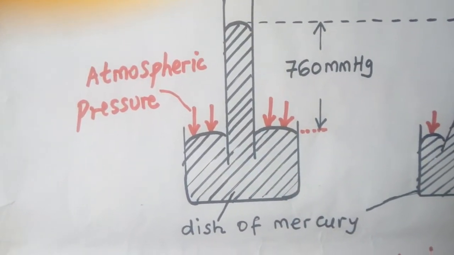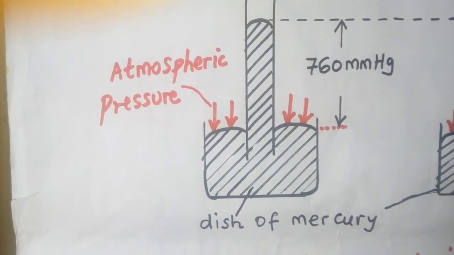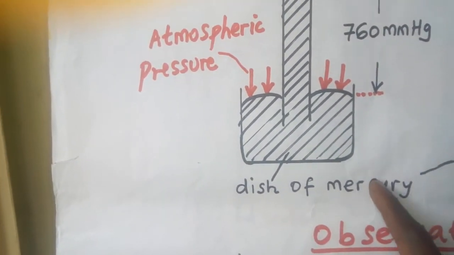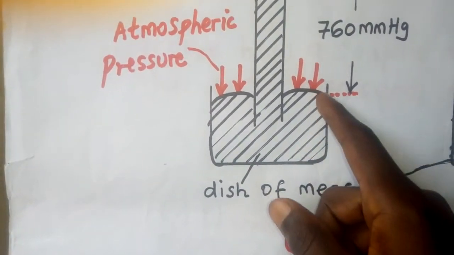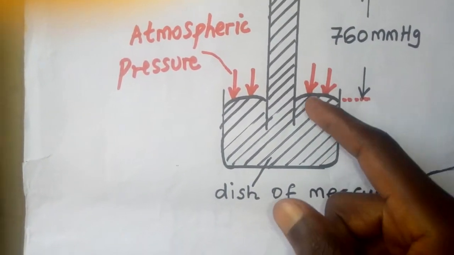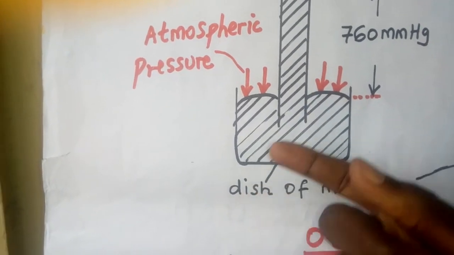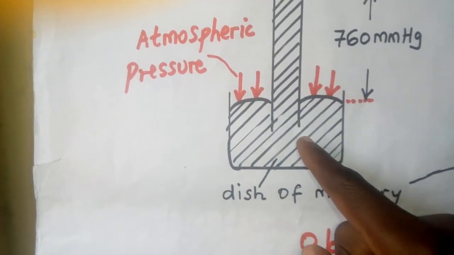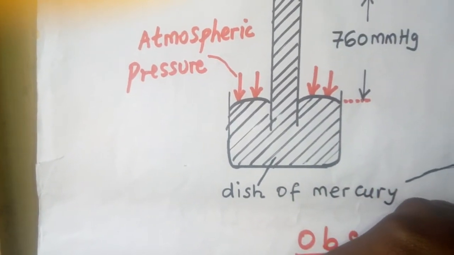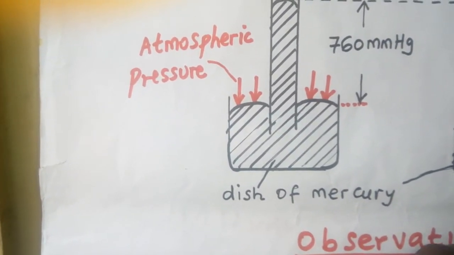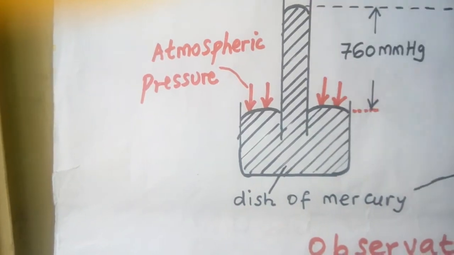Open. So what did he do with these 3 things? The first thing is he got mercury and poured it inside the dish. Then he got the long tube and turned it upside down. He made sure that the closed end is up.